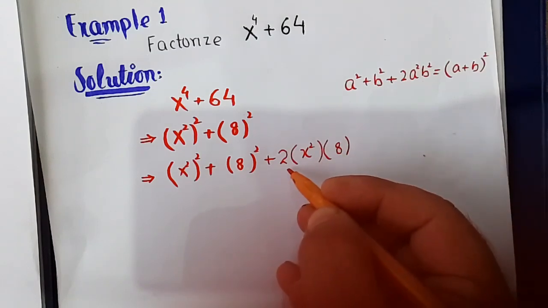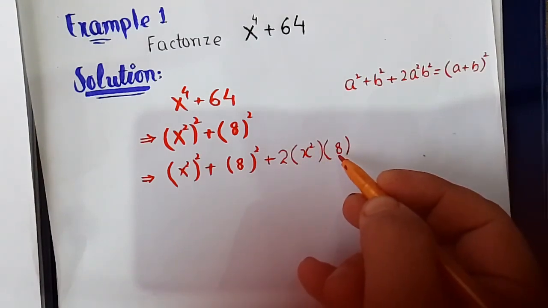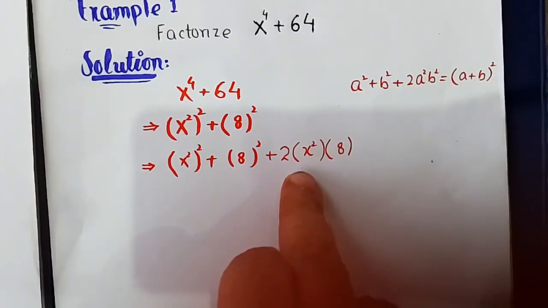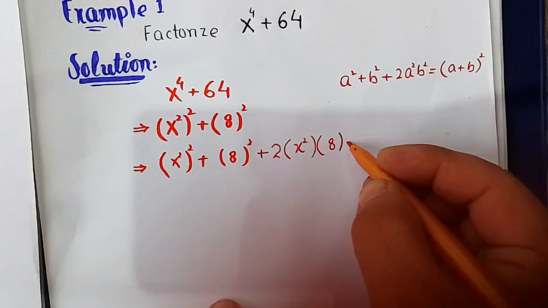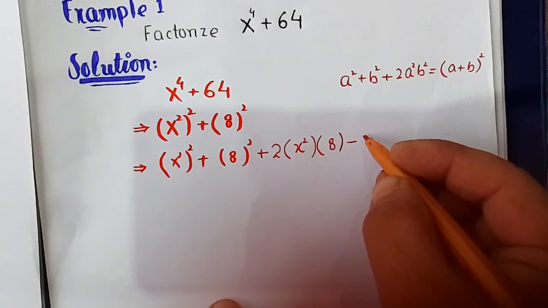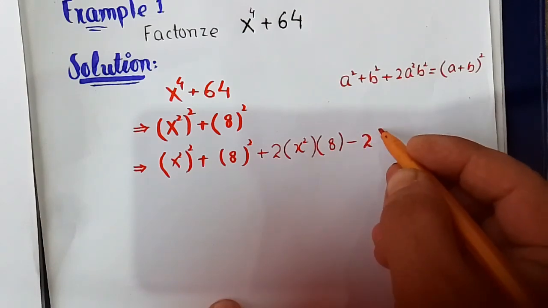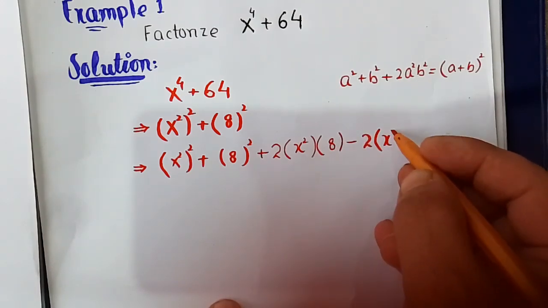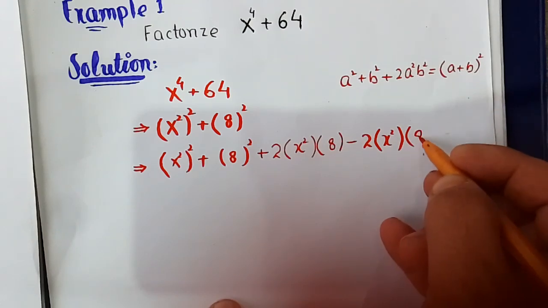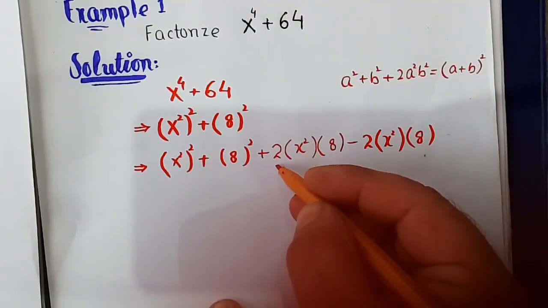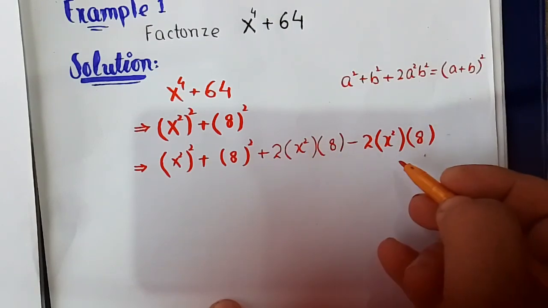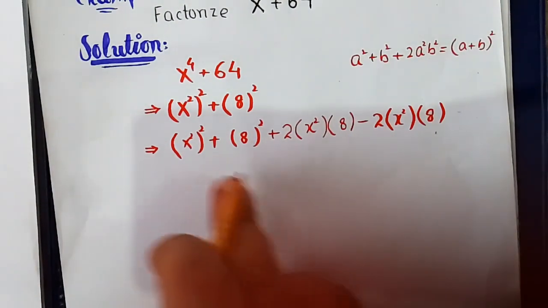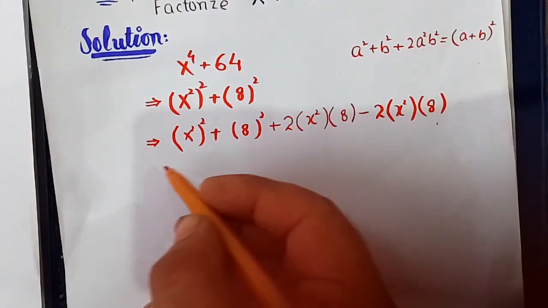I have to add 2 into x square into 8. I added 2 into x square into 8 from my own side, so to cancel the effect of this term I will subtract here 2 into x square into 8. I have added here and I have subtracted here. These two can be cancelled out.